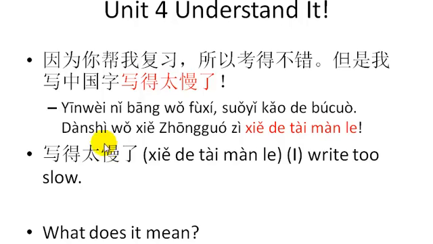You can put almost any adjective in here, and you can have the expression, it's too expensive, it's too cheap, it's too hot, it's too cold. So you could have 太冷了, 太热了, 太贵了, 太慢了, 太快了.